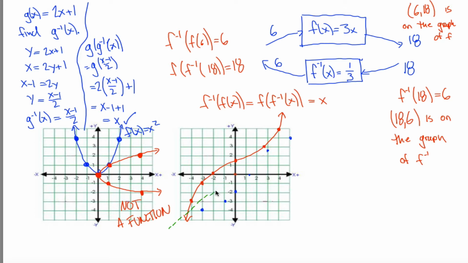Another way to think about switching the inputs and the outputs of a graph is you're reflecting over the line y equals x. You're changing all the x's to y's and the y's to x's. Geometrically, that's the same as reflecting over this diagonal line right here. So really all I'm doing is drawing something in blue, trying as best I can, that gives me a mirror image of the stuff that's in red on the other side there.